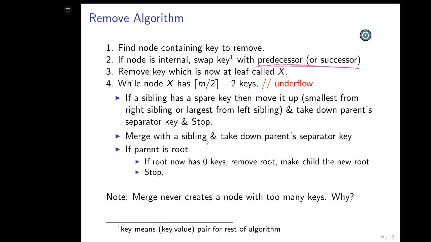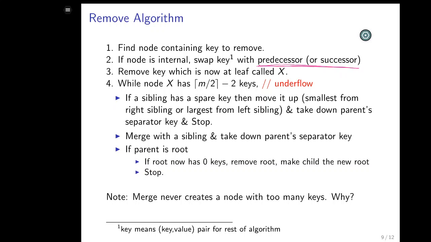We know that. And so now when we've done this swap, we know that the structure is correct, except we have to remove the thing we just swapped down to the leaf. So now I've reduced the problem to removing a key from a leaf. This is the way it works.